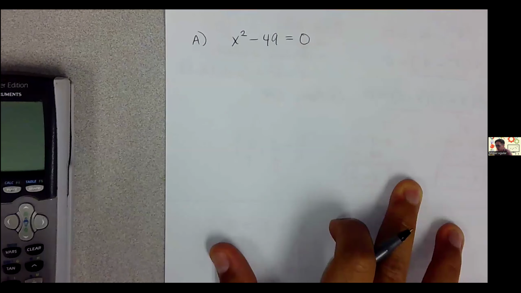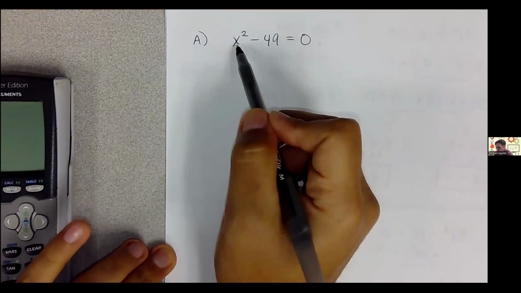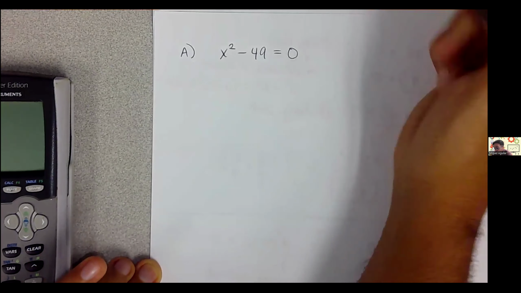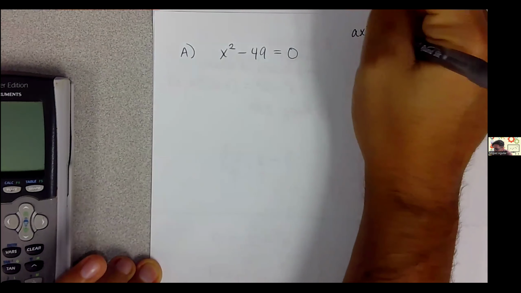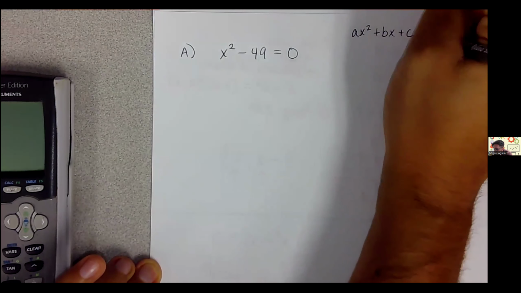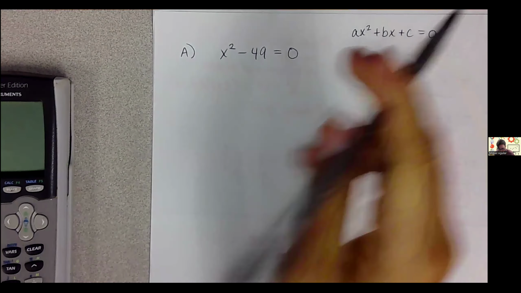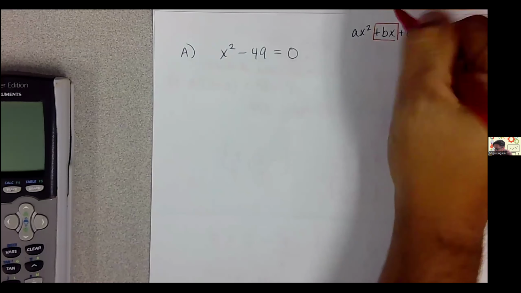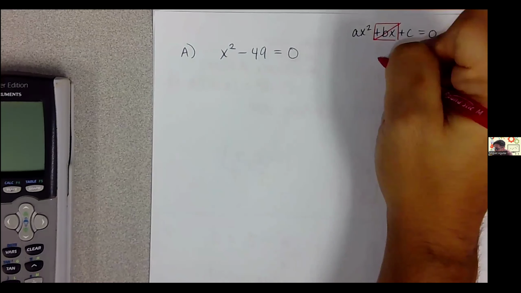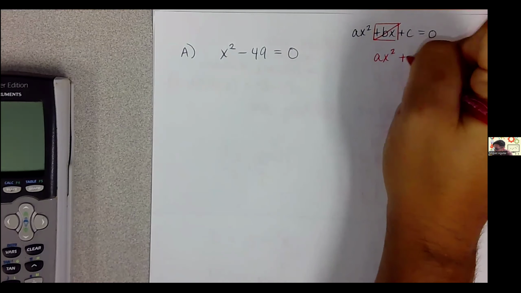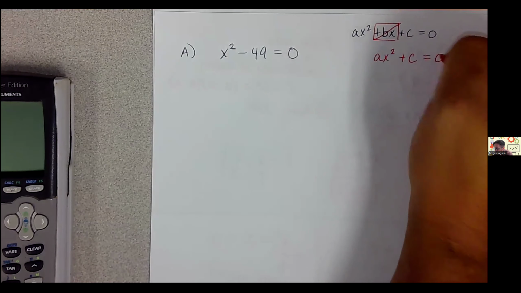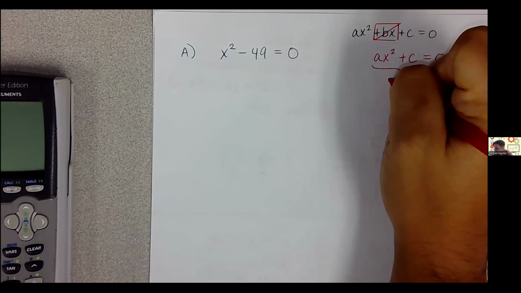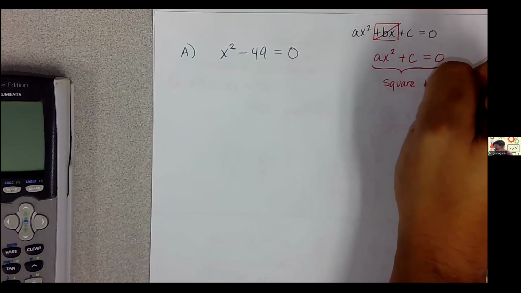So you might say to yourself, all right, if I want to factor, usually my quadratic equation is in the form ax squared plus bx plus c equals 0. That's what we typically call standard form. But if I'm missing the bx term and I only have ax squared plus or sometimes minus c equals 0, then this form is going to be an excellent candidate for trying the square root property.